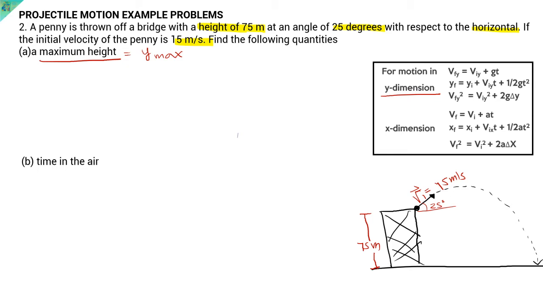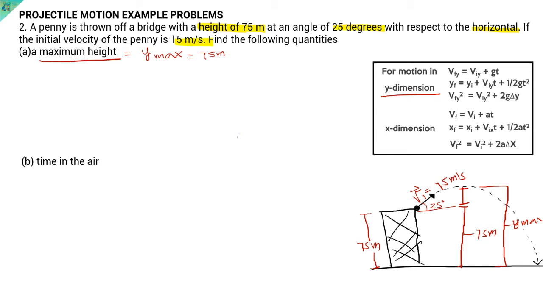Our y max is simply the height of the bridge, 75 meters, plus how much the penny rises above it. Added together, the whole thing is our y max. So that's what we're trying to search, the y max. Let me erase this one.